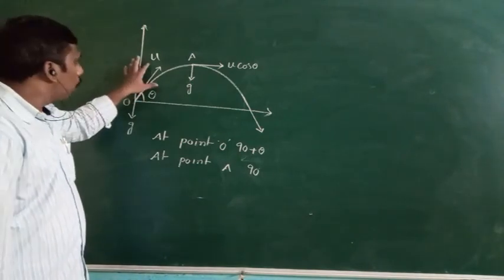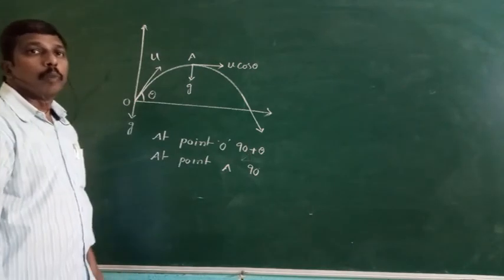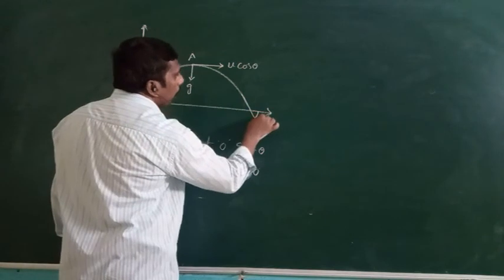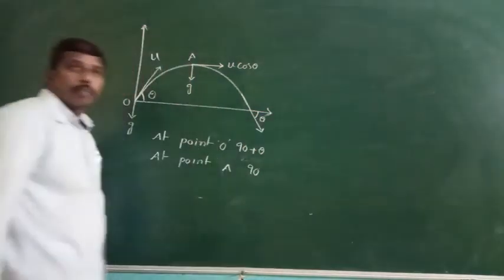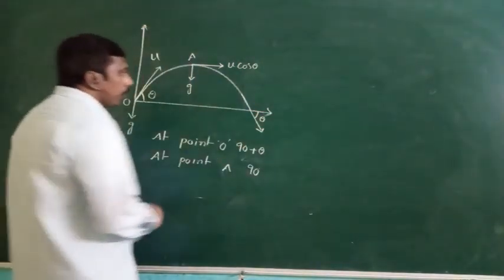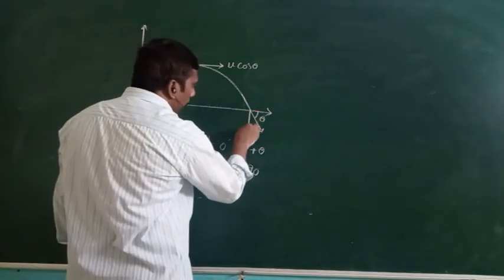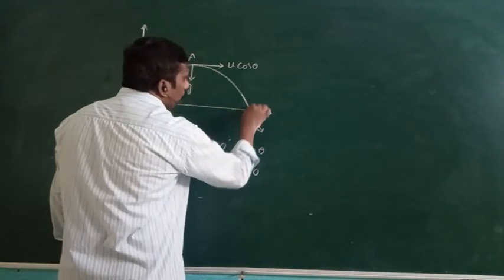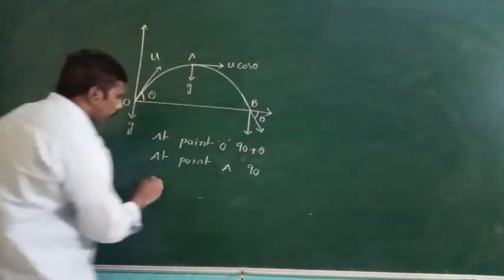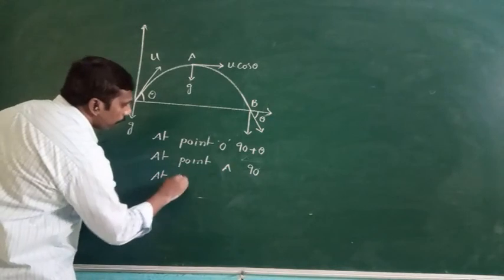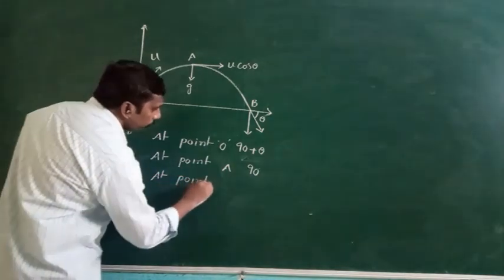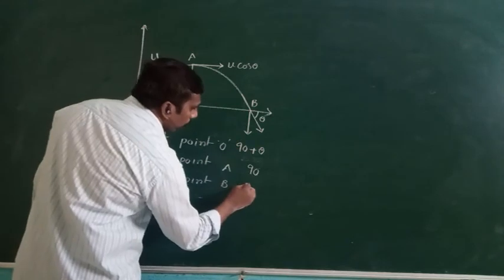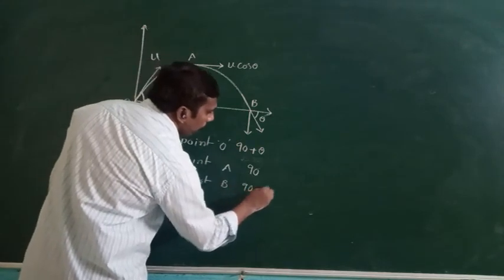This u value and this final value are both the same, and this velocity vector makes the same angle theta with horizontal. Here acceleration due to gravity acts vertically downward. At this point B, where it just touches the ground, the angle between velocity vector and acceleration due to gravity is 90 minus theta.